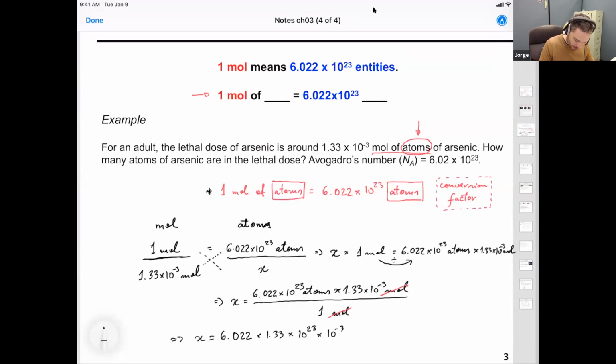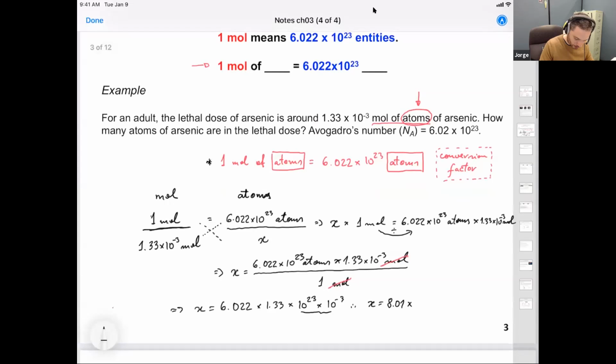So x is going to be equal to 8.01 times, remember that when you have a multiplication of powers, you keep the base, which is 10, and add the exponents. 23 plus, watch out for the sign here, minus 3. 23 plus minus 3 is 20.